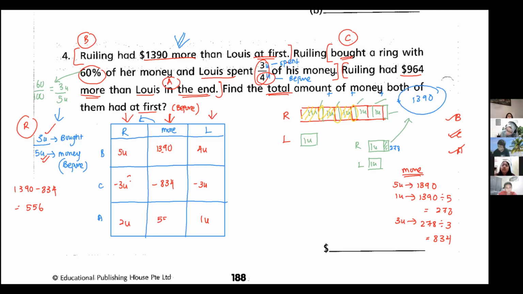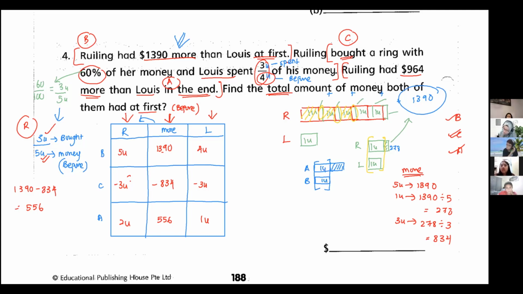Here is 556. Okay? Then remember that if you are comparing something, the initial units must always be the same. Here 1 unit and 1 unit, right? Must be the same. Then you can see the extra. Okay, whenever you do a comparison model, example Ali, Bala, compare the same thing, but Ali has more. This is the more portion. So the thing that initially, this must be the same and the same.